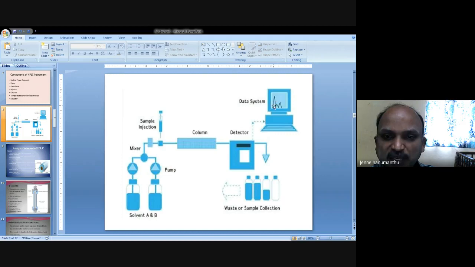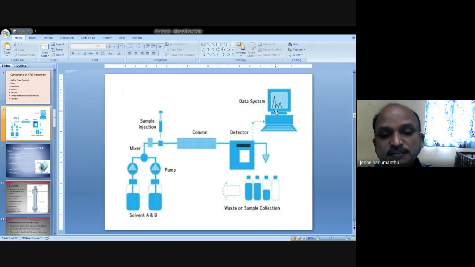See the high peak. The high peak refers to the element which first reaches the detector from the column. The second peak refers to the second element reaching the detector, and the third peak refers to the third element within the mixture. That is the representation of the graph. The high peak refers to high concentration, then second concentration, third concentration, like this. The area also refers to the concentration.